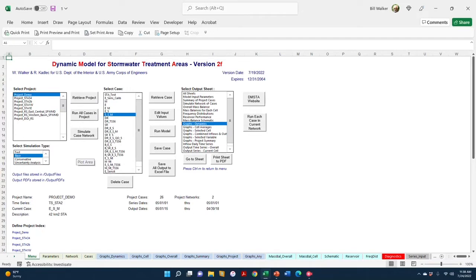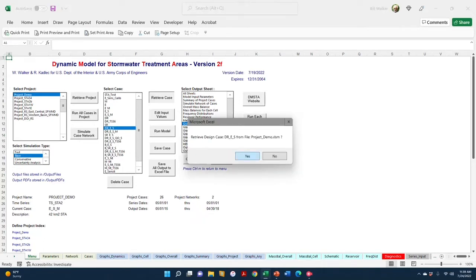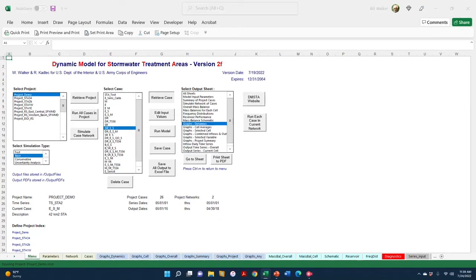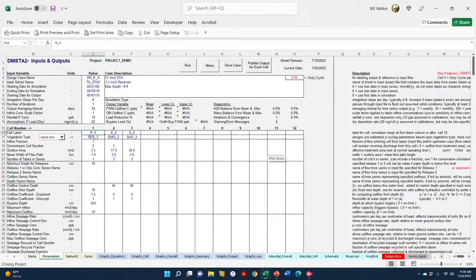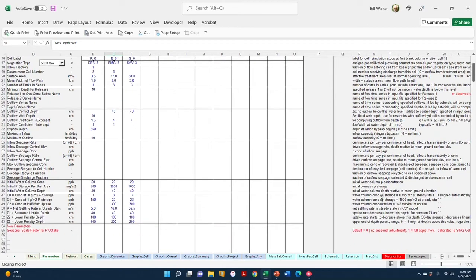So let's try, let's make one. Okay, let's put a DRES as a deep reservoir, followed by an emergent. Okay, and I'm setting that the deep reservoir has a maximum depth of about 8 feet.